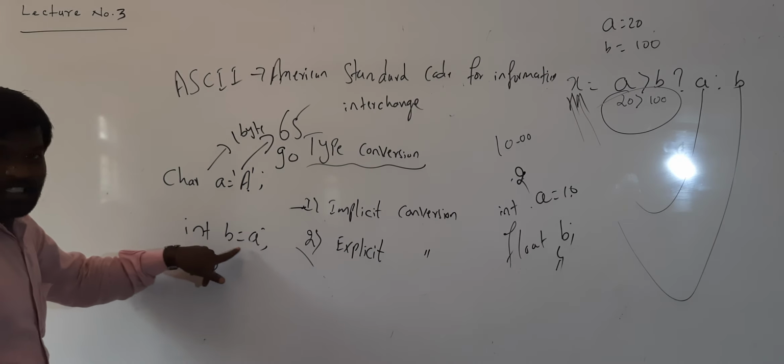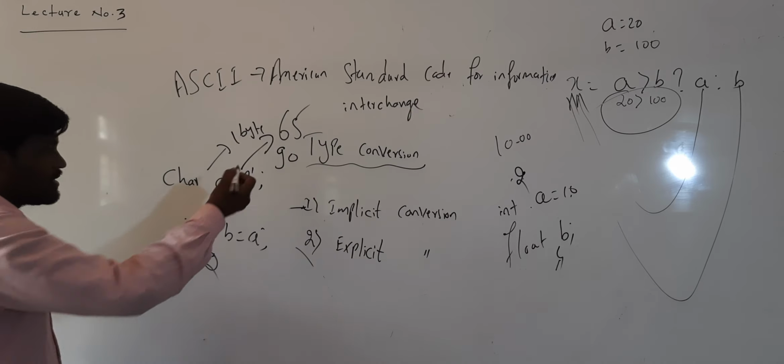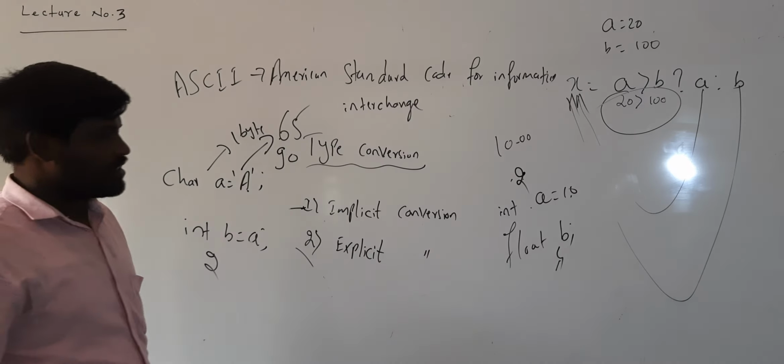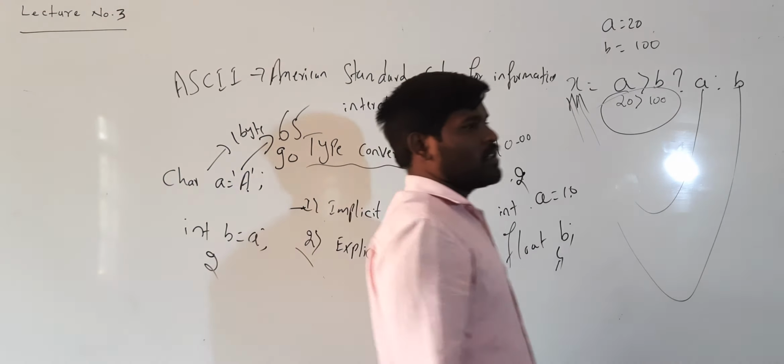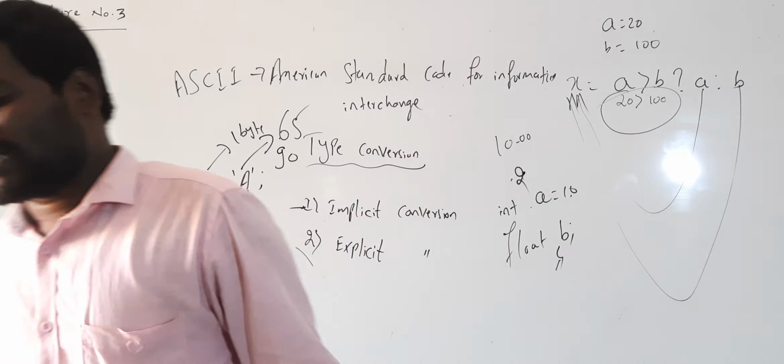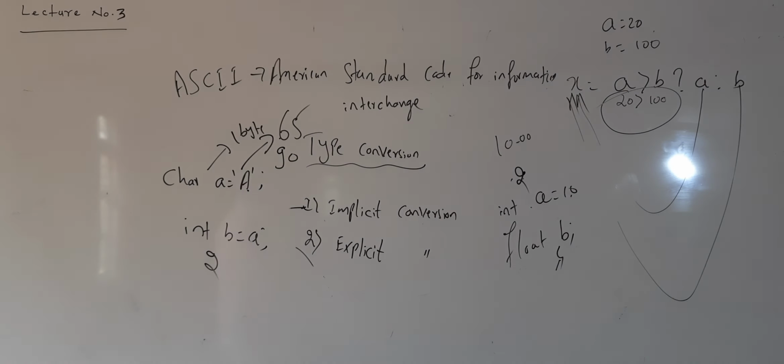Here int b = a means its ASCII value 65 is stored in b. So implicit conversion means from a small data type value to a large data type. The conversion from one data type to another data type without any operator is called implicit conversion.